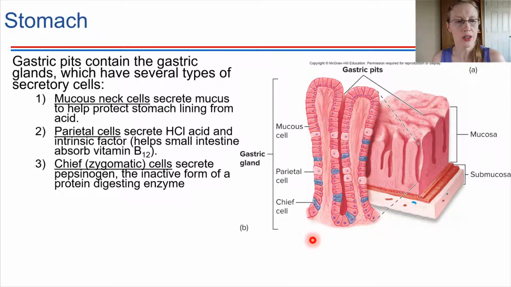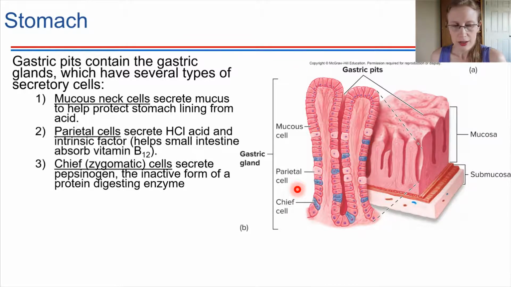Those chief cells secrete a molecule called pepsinogen. This is a precursor for an enzyme, pepsin, and pepsinogen is the inactive form. So these chief cells secrete the inactive form of the enzyme, and then it will become activated. We'll see this in a couple of minutes.